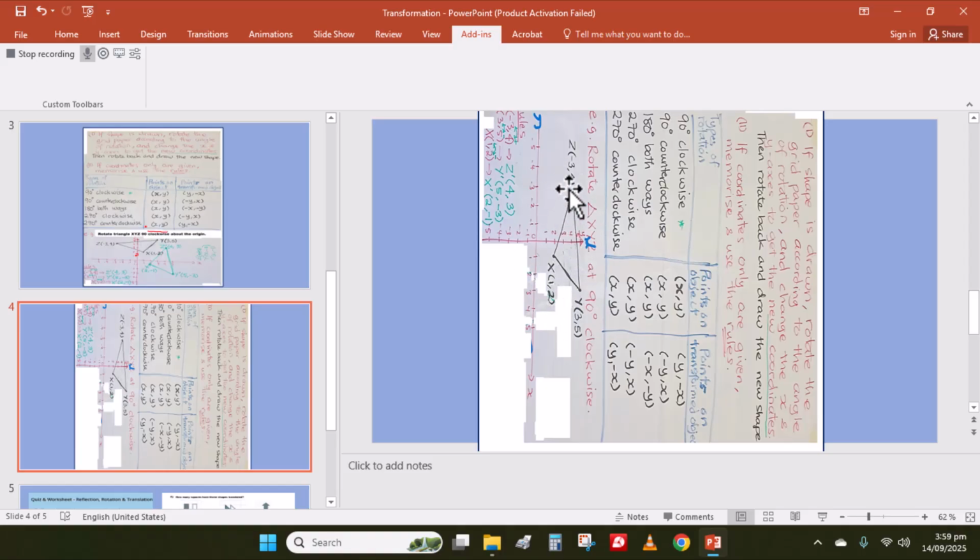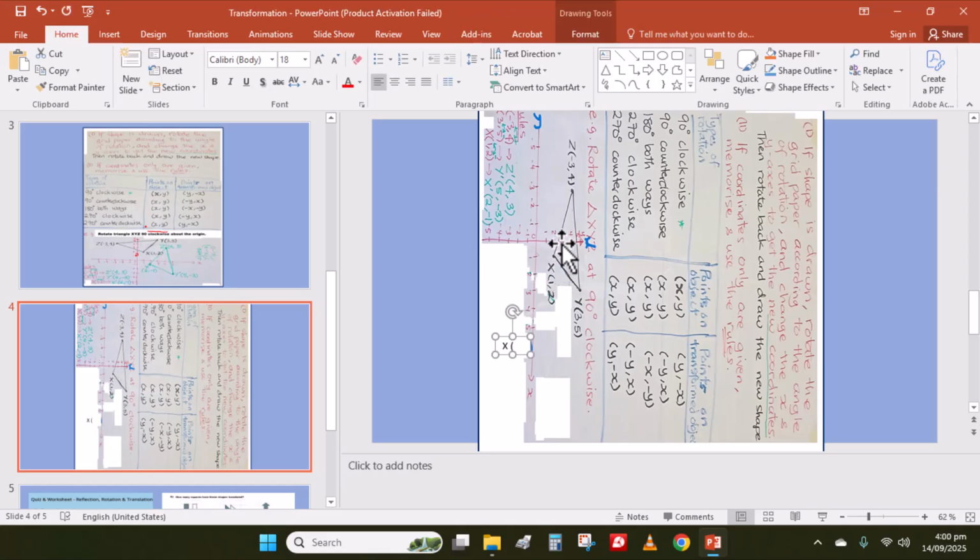Now let's get the coordinates of these original shapes in this new orientation. Point x right here now has the x coordinate of positive 2, and let's write it down somewhere. Point x now has new coordinates of x is positive 2 and y is negative 1. So let's write it down somewhere.